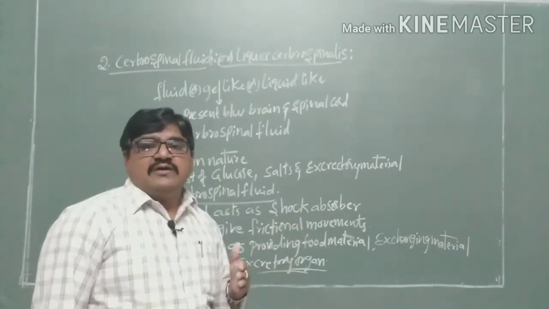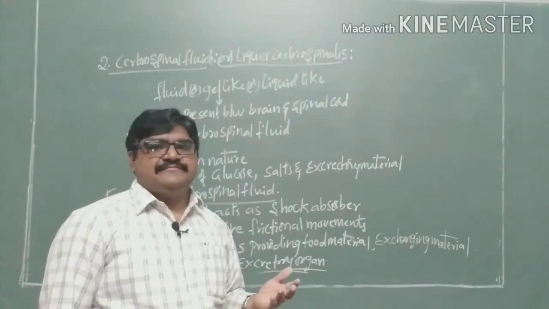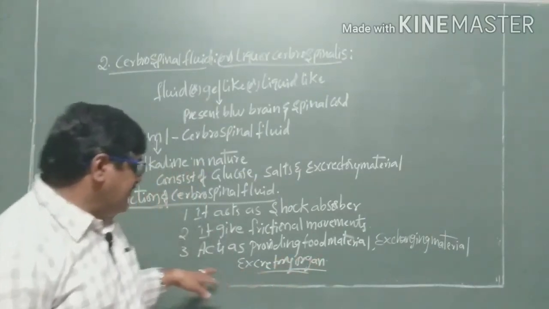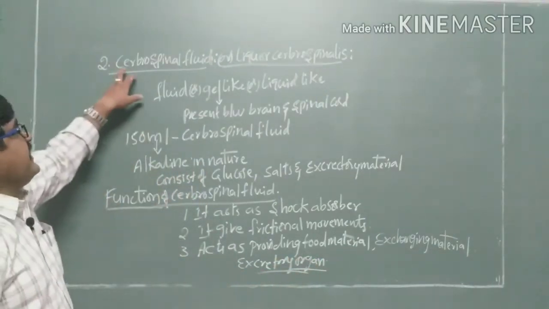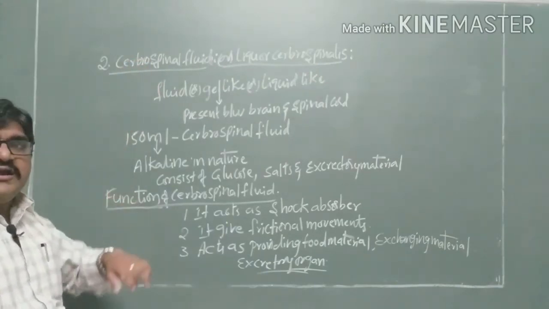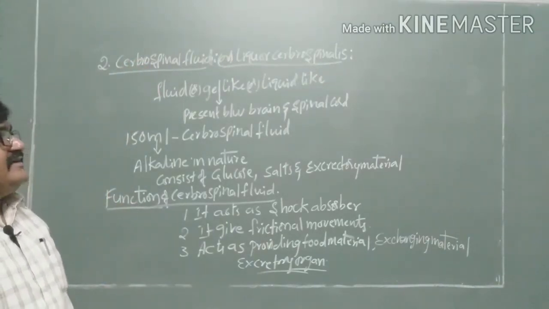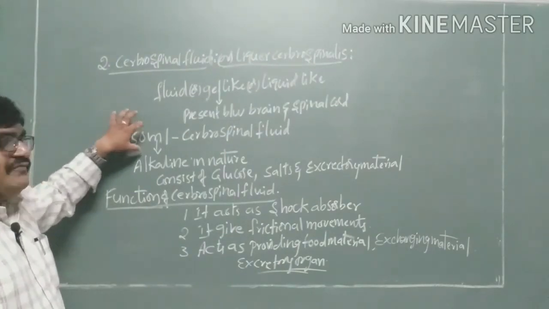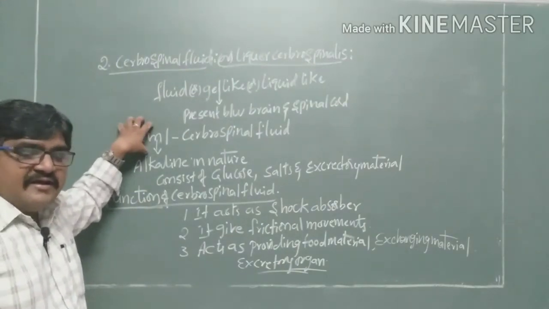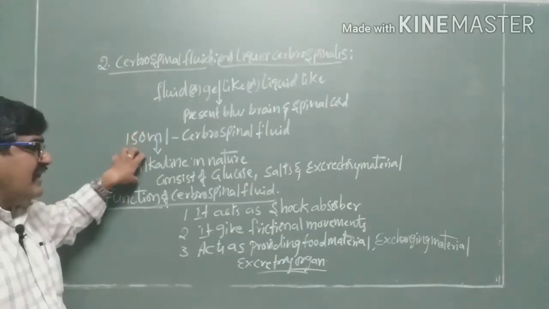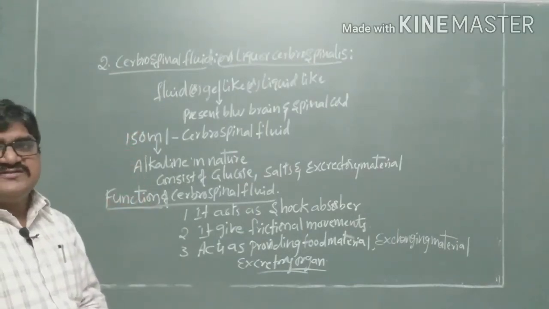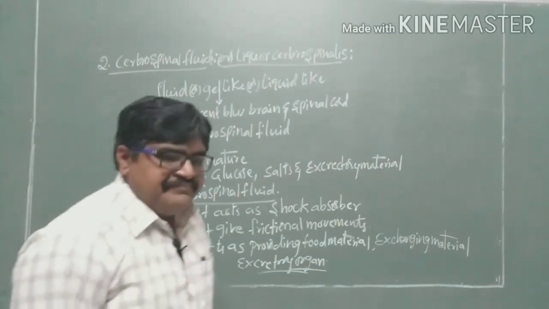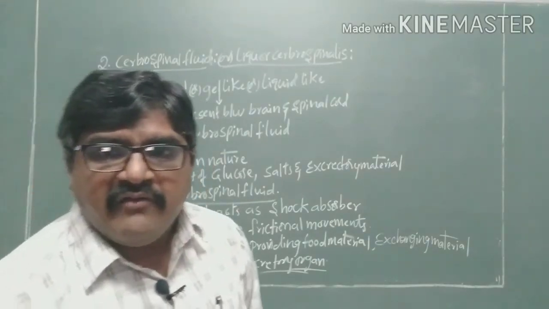These are the three functions performed by the cerebrospinal fluid, or liquor cerebrospinalis, of which there is 150 ml, alkaline in nature. So this is the second one, the cerebrospinal fluid.